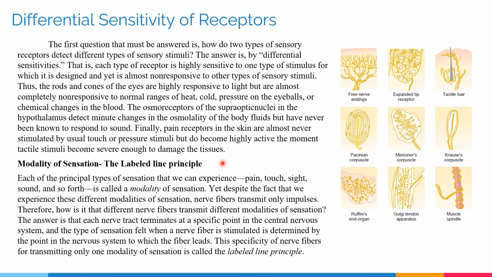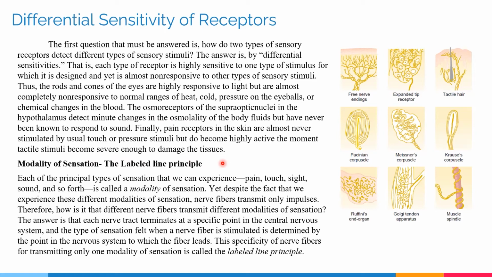Now, another question comes into the picture: while receiving a particular stimulus from the external environment, how does the receptor inform the central nervous system that it has received a specific modality of the stimulus? Say, the rods and cones present in our eyes will detect the electromagnetic radiation or light coming into our eyes and send the action potential.